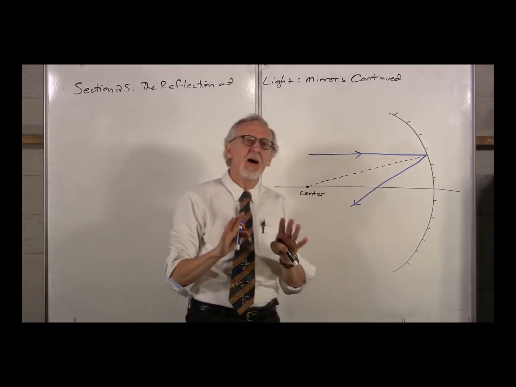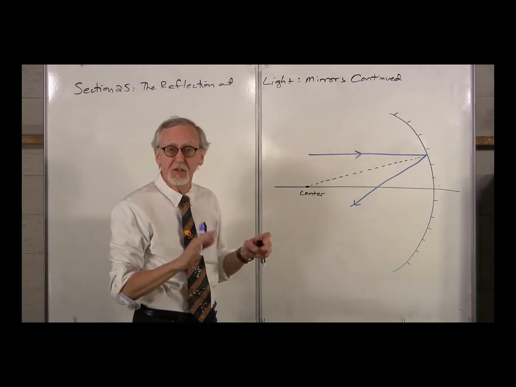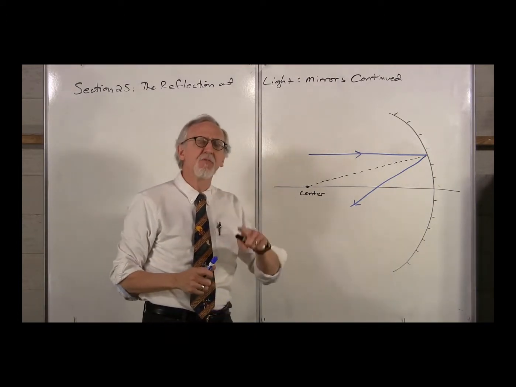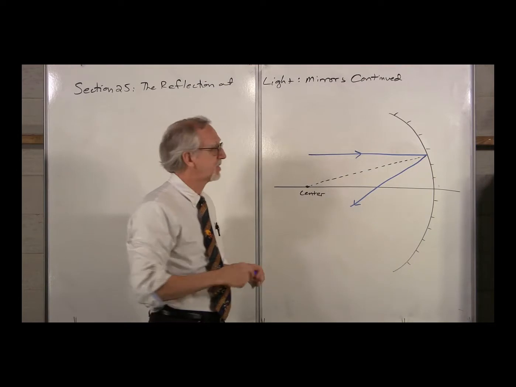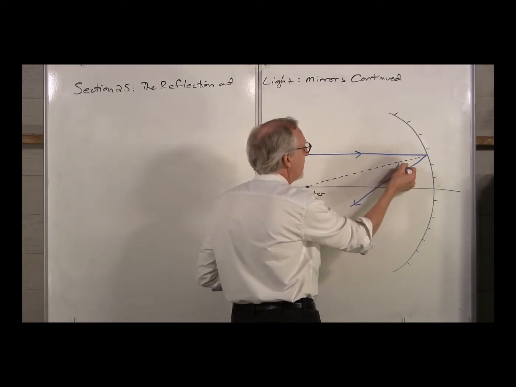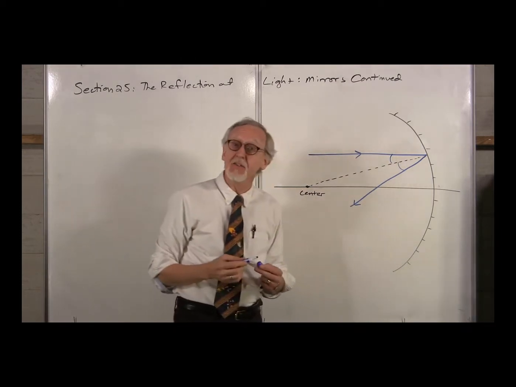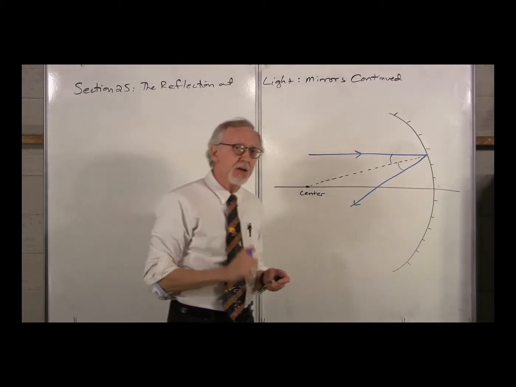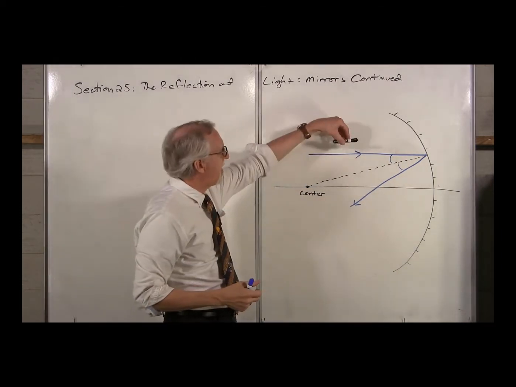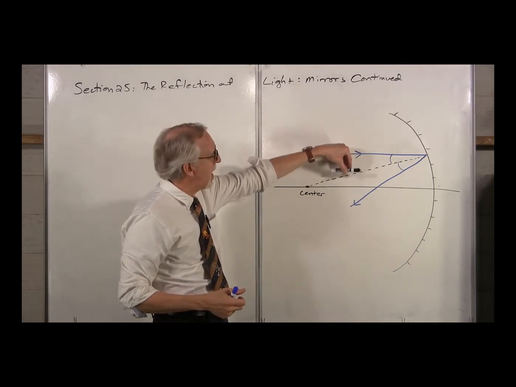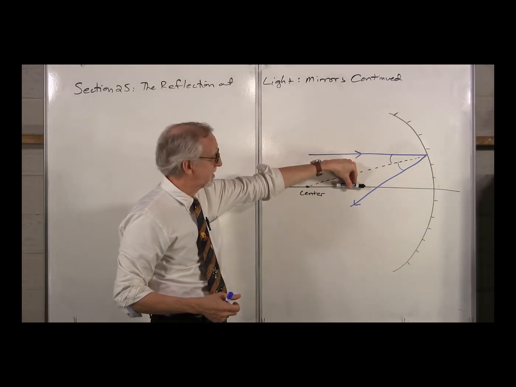Now let's think about the geometry of this particular situation. We know the angle of reflection equals the angle of incidence. So we know this angle, the angle of reflection, must equal that angle, the angle of incidence. My condition in this case was that the incident ray was parallel to the principal axis.